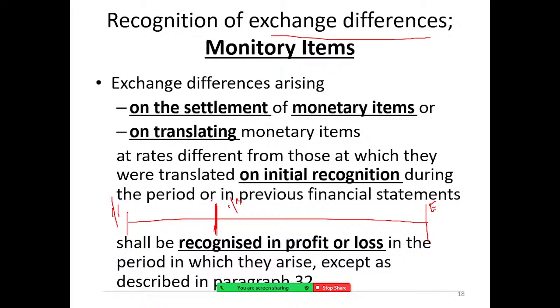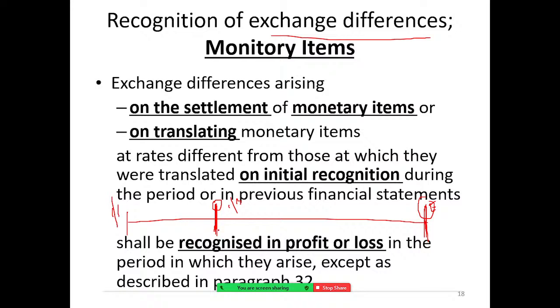So you may initially recognize the item on this date, and the item will be brought here at the end of the reporting period. When you translate, the transaction occurred on this date, and your balancing figure will be on the closing date of the financial year.